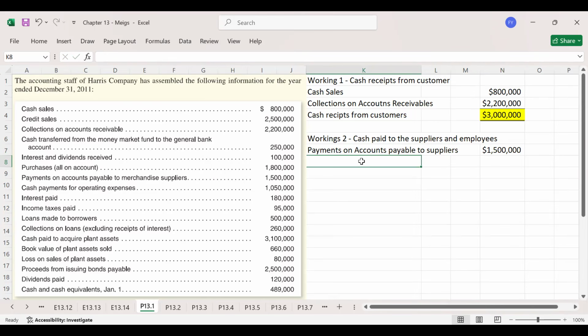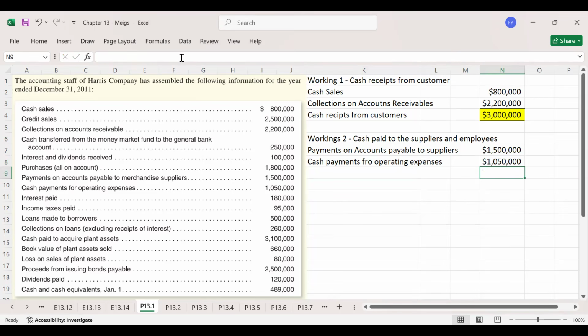So here we have cash payments for operating expenses. Cash payment for operating expenses is also given, which is 1050, and this amount is also in dollars.